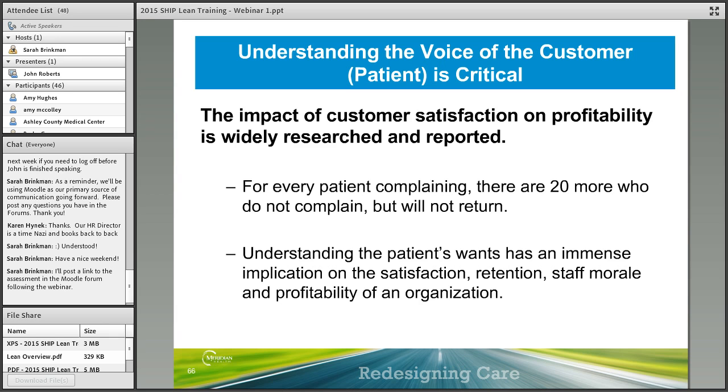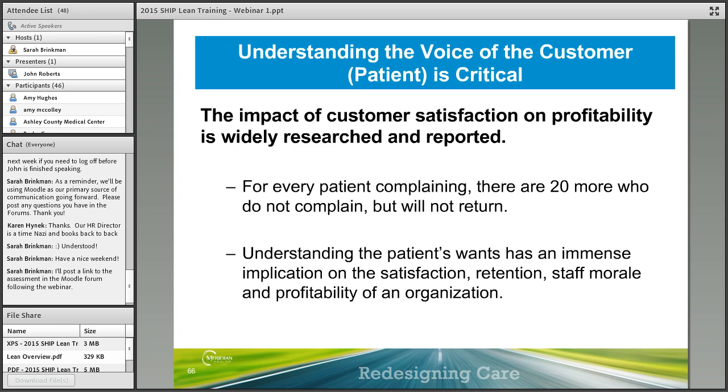Again, we know that customer satisfaction and profitability has been widely researched and reported, and we know that there's a direct correlation between patient satisfaction and employee satisfaction and ultimately profitability of that organization. We've seen it demonstrated in various studies through different organizations, through different industries.